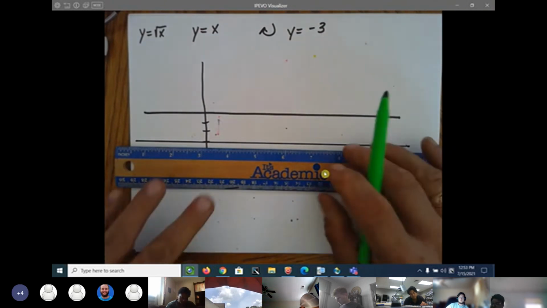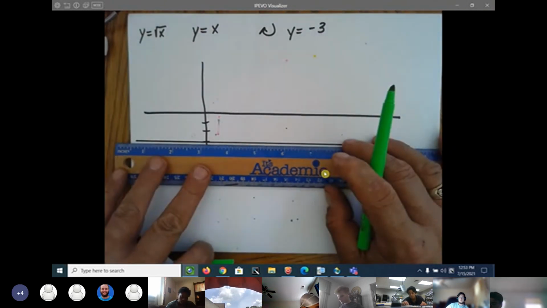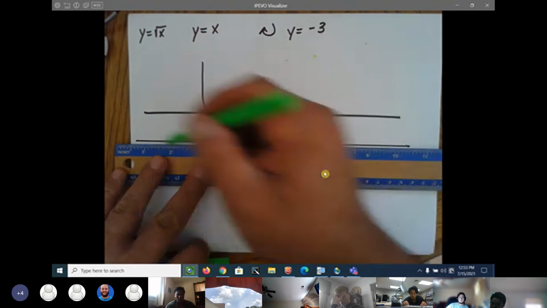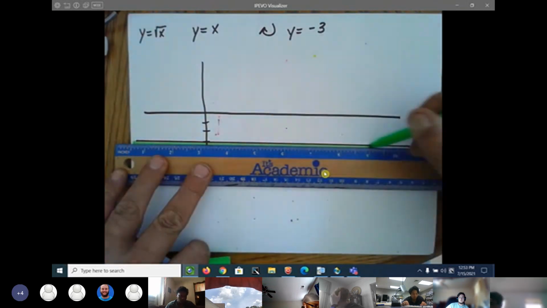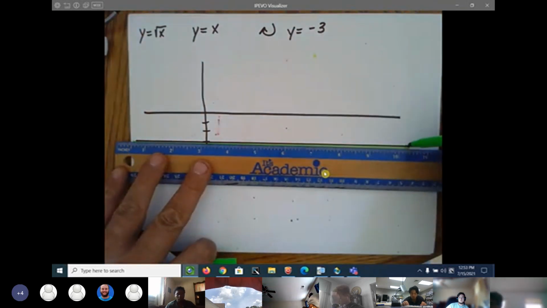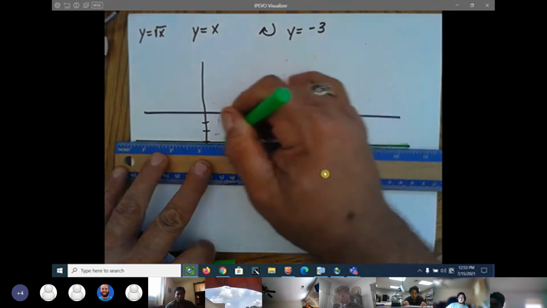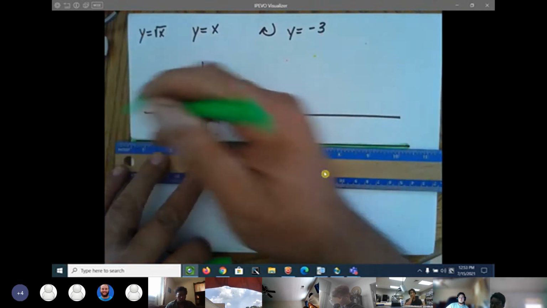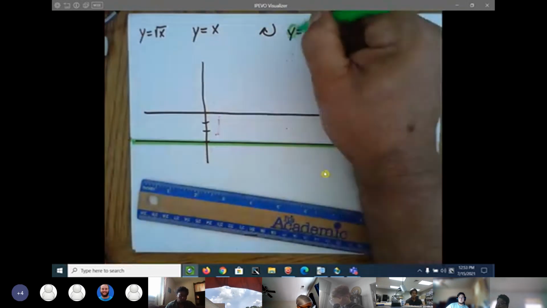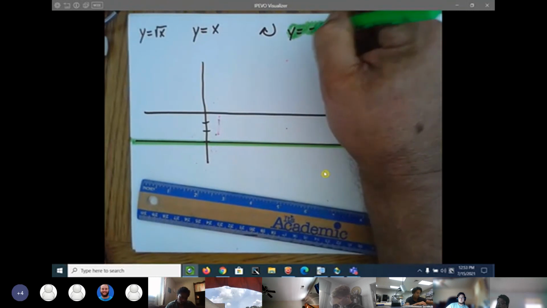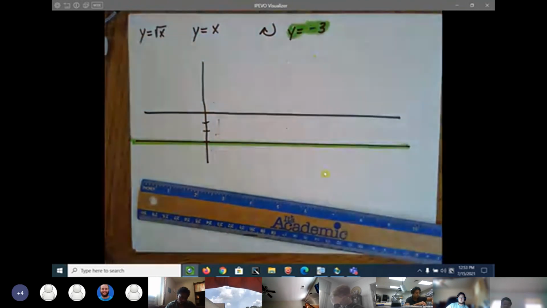We're going to focus on this axis right here. Now we still got our picture, we still got our graph up here.